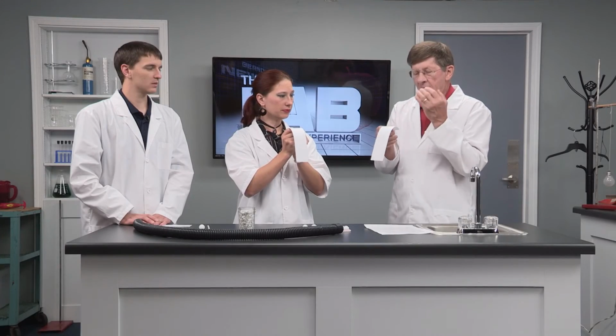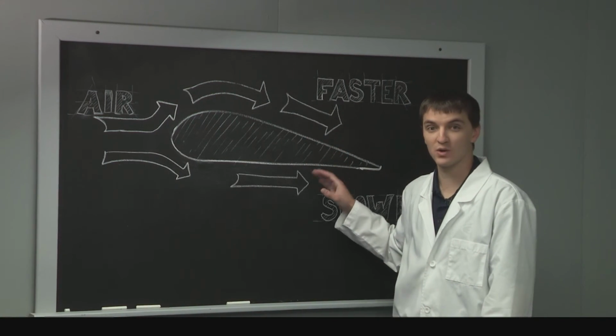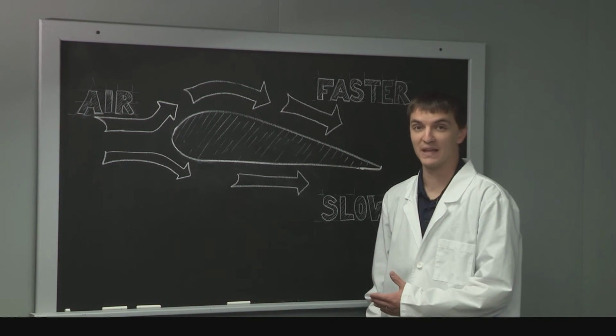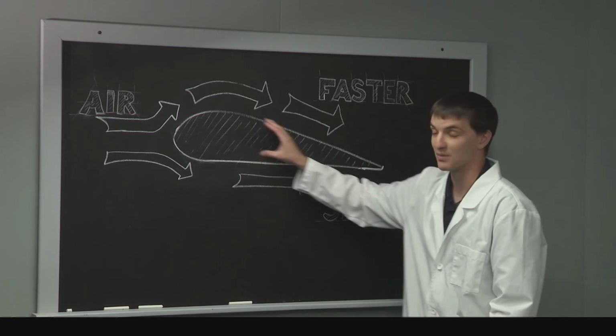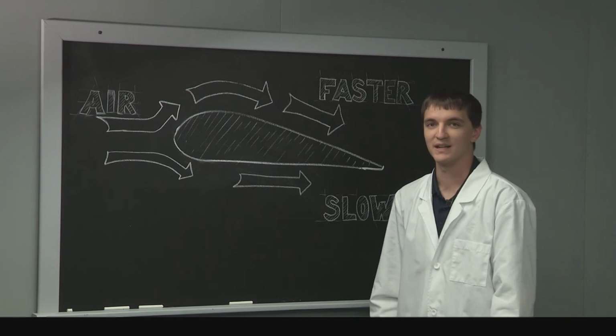So Oakley's going to show us a diagram of a wing, and this is an example of how an airplane flies. We have a picture of an airplane wing cross-section, so if you looked at it from the end, this is what you would see. It's kind of a teardrop shape on its side, a little bit flatter on the bottom than it is on top.